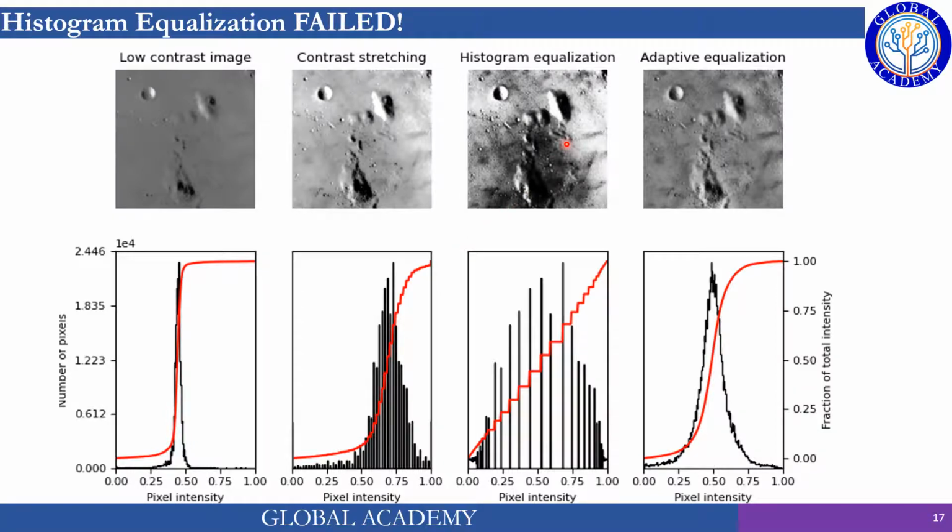Next is the histogram equalized image, which is a little messed up in a way that it has shadowed most of the details in dark color. Whereas the image on the rightmost position is the adaptively equalized image. This has increased the contrast without washing out or darkening effects. So let's see how we can implement adaptive histogram equalization.